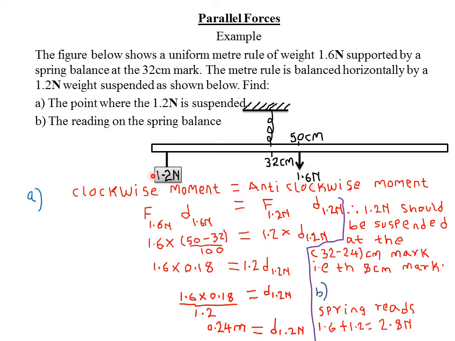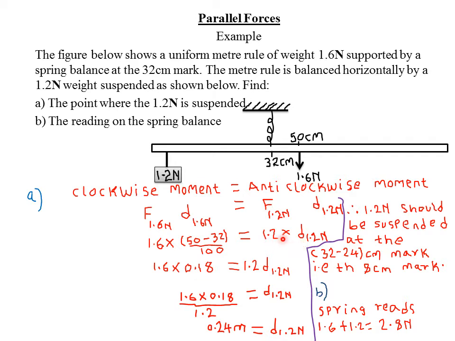So if we take this force, that is 1.2 Newton, times its perpendicular distance, that is the distance from where the force is suspended measured from the pivot, or our spring, this will be the perpendicular distance. We are denoting it by d 1.2 Newton.